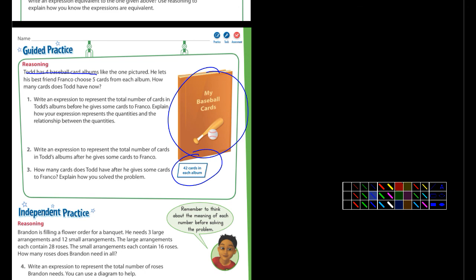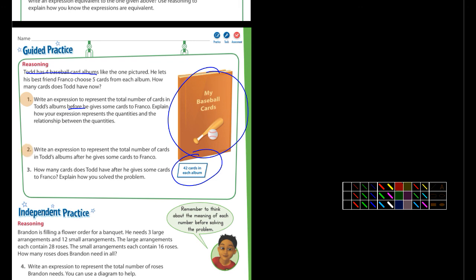It says write an expression to represent the total number of cards in Todd's albums that's important, before he gives the cards to Franco. So you guys could do one there. Explain how your expression represents the quantities and relationship between the quantities. Well, just write the expressions. I'm fine with that. Do number 2 here.